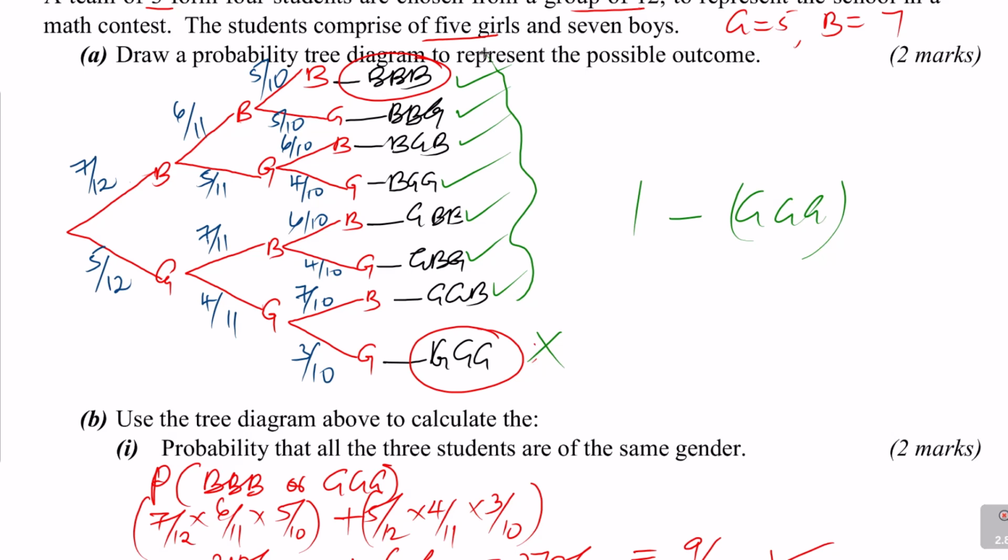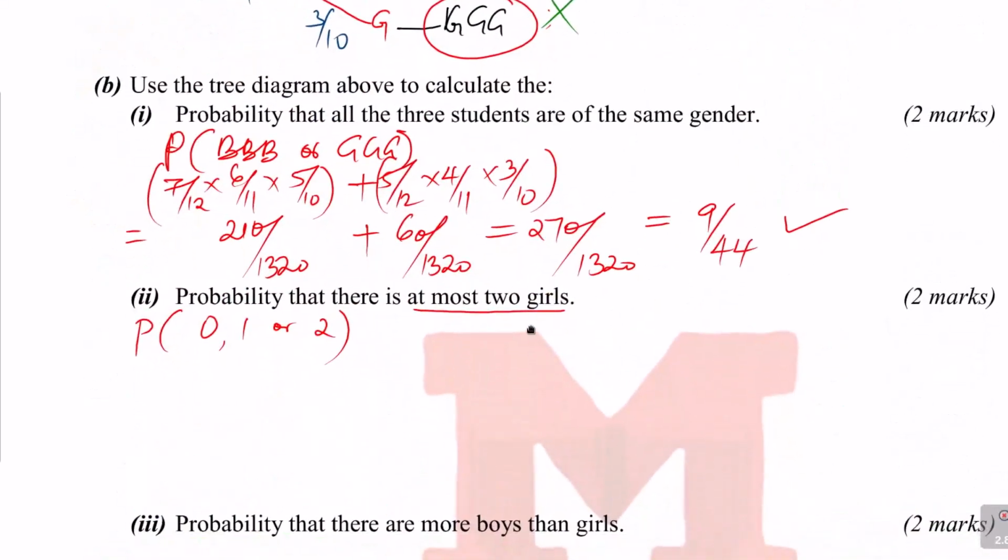So this one will be given by 1 subtract the probability of picking or choosing 3 girls. We already got it from here.